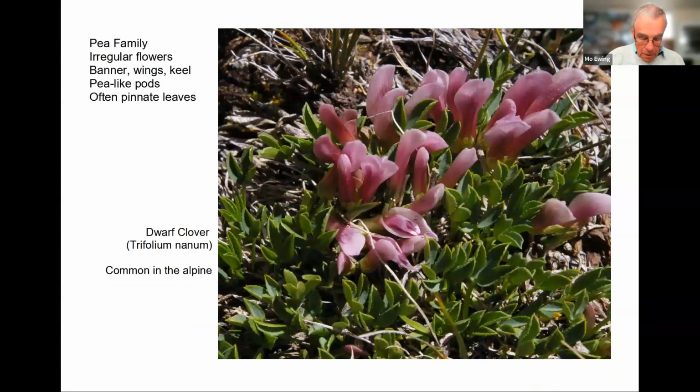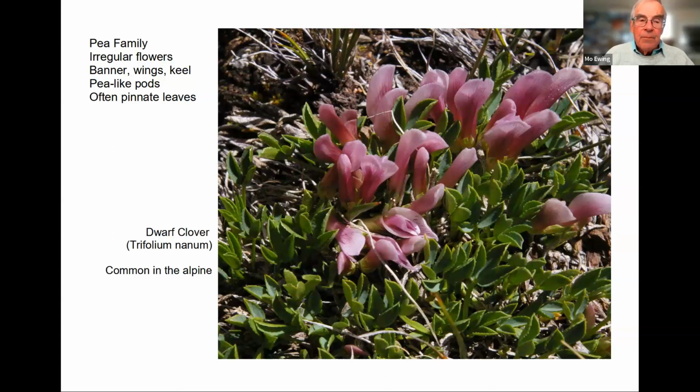Another plant is Trifolium nanum. This is in the pea family, regular flowers, banner wings and keel, pea-like pods, often pinnate leaves. The leaves of this plant are not pinnate, they are trifoliate, and you can't really tell that, but they have 3 little leaflets on the stem.